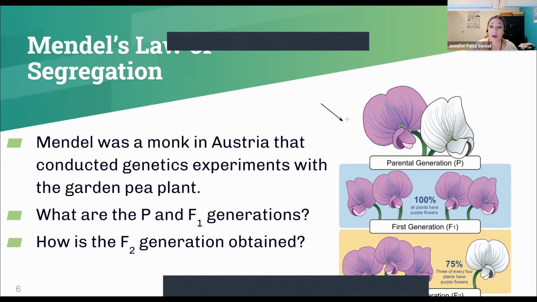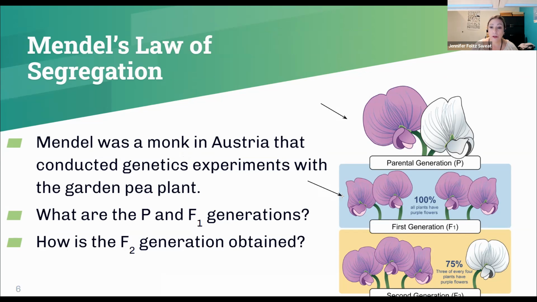The offspring of that cross, those are in the F1 or first generation. And then the offspring coming from the F1 generation are called the F2 generation.